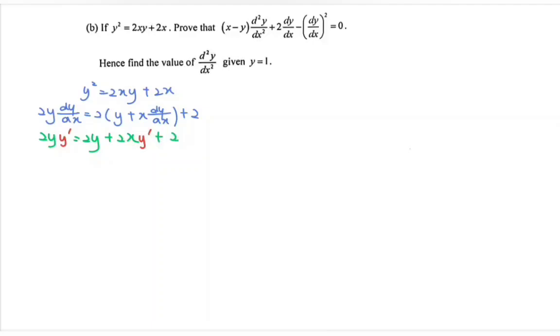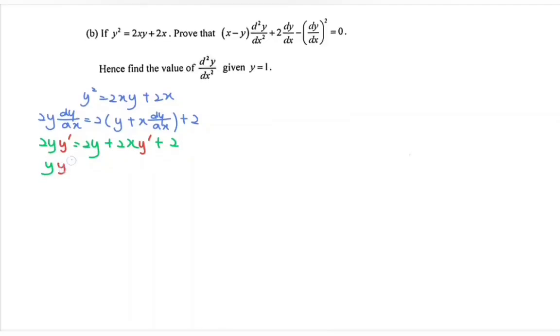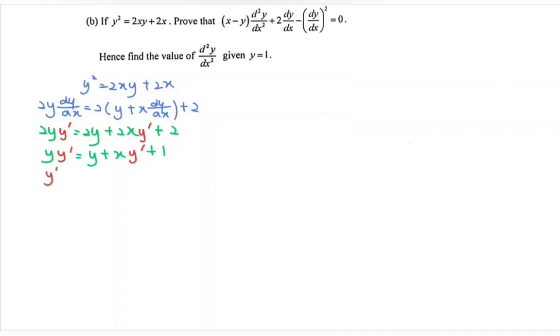Notice that we can simplify all the 2s, so it becomes y multiplied with y prime equals y plus x y prime plus 1. Rewrite the situation: we have y prime bracket, y minus x, equals y plus 1. So next what we have to do is to differentiate for the second time.